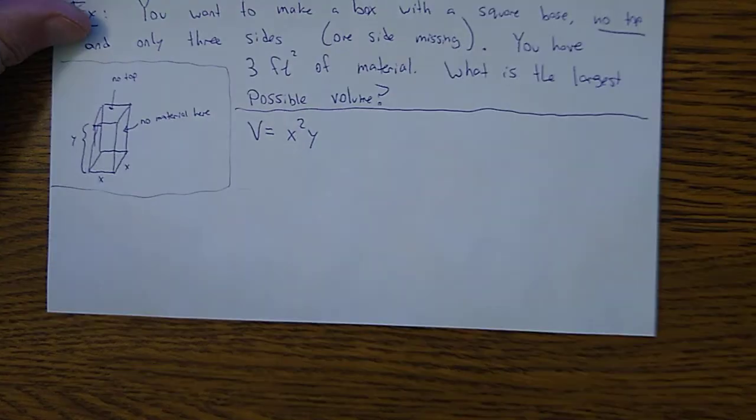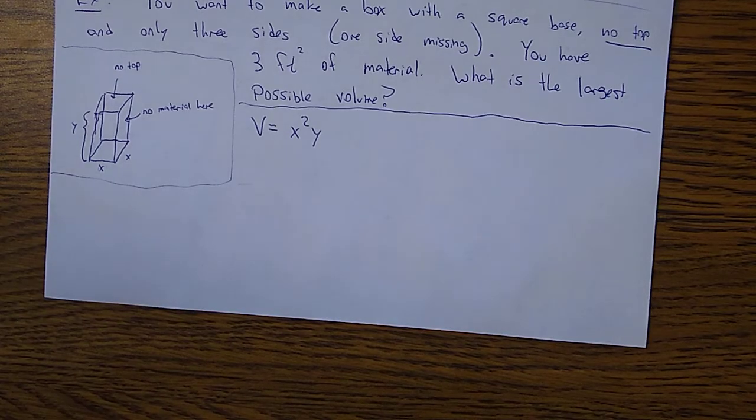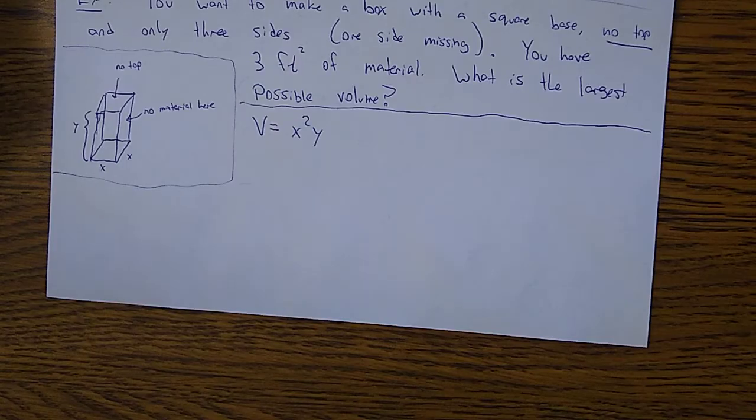The volume of a box is length times width times height, so it would be x squared y. As usual, here I have the thing that I'm trying to maximize, because it's the largest, but I would like it in terms of just one variable. So I have to find some information that would allow me to solve for either x or y.